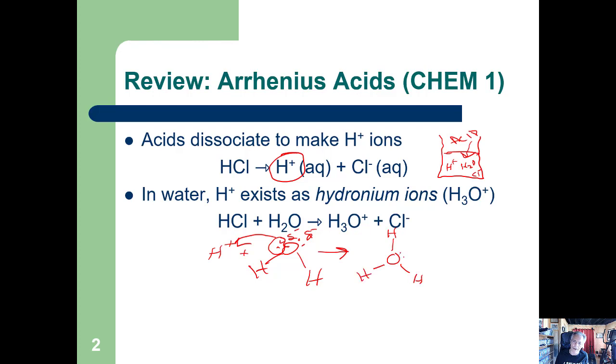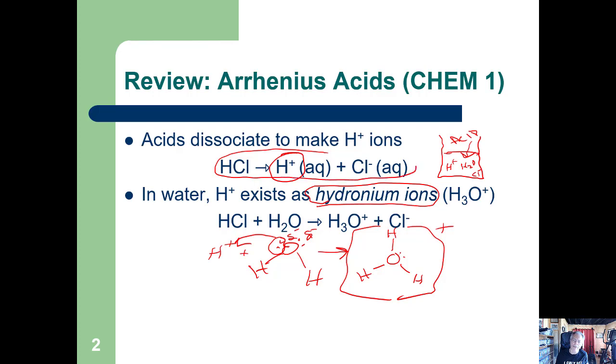There's a lone pair of electrons here. And so this is the species that you're going to get, and we call this a hydronium ion. And it is a more thorough description of a hydrogen ion in water. Usually this is going to be the equation that we use, or the reaction that we use to describe the dissociation of an acid in water.